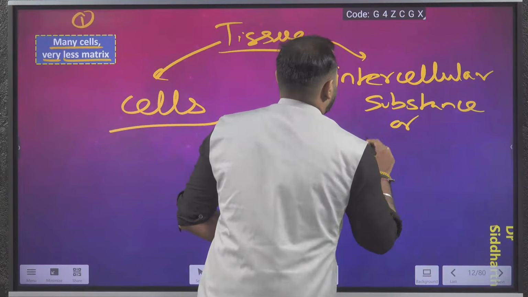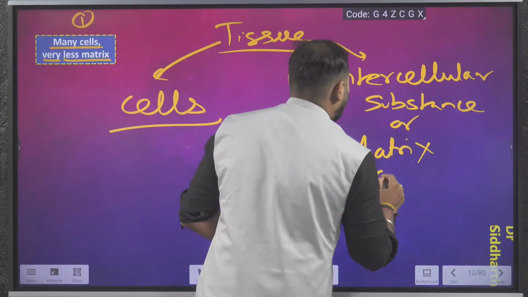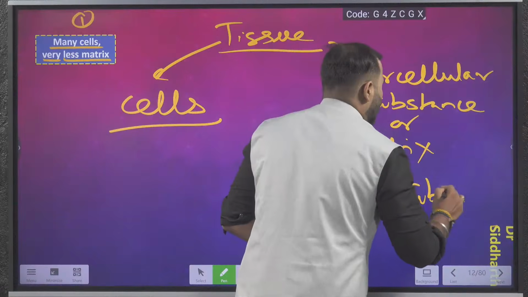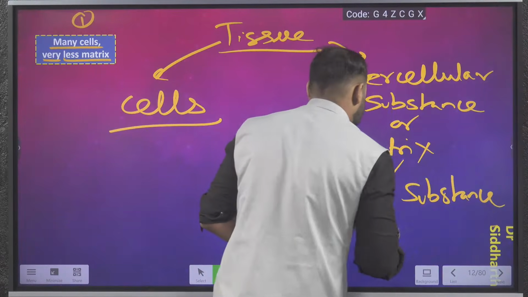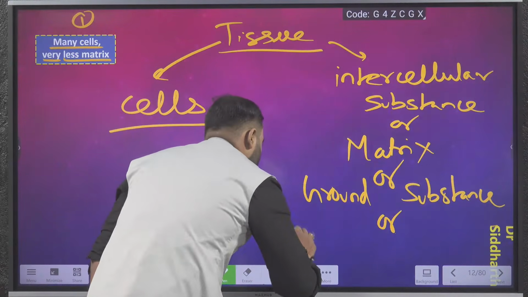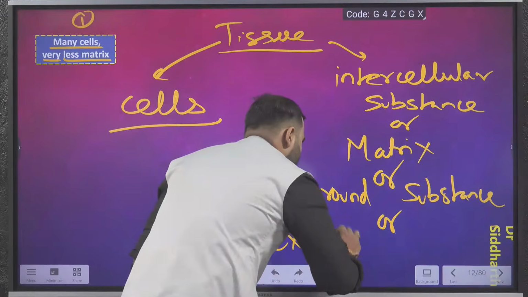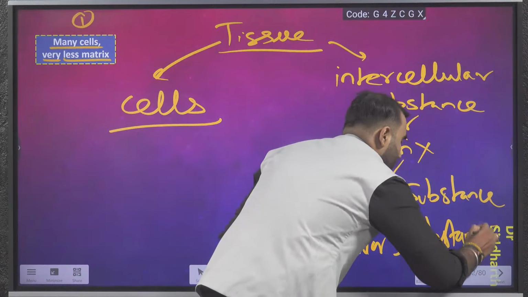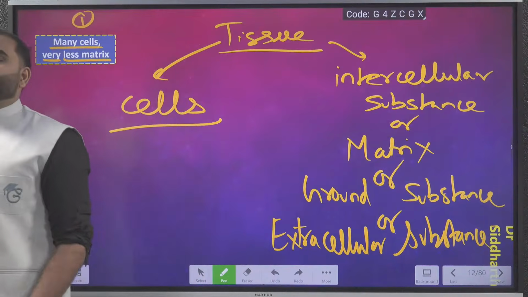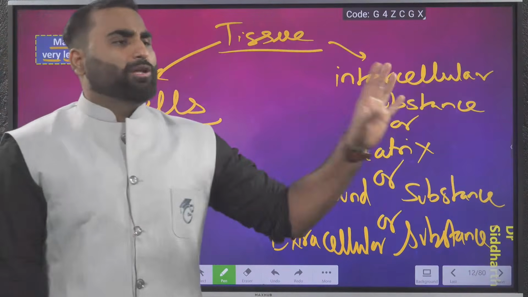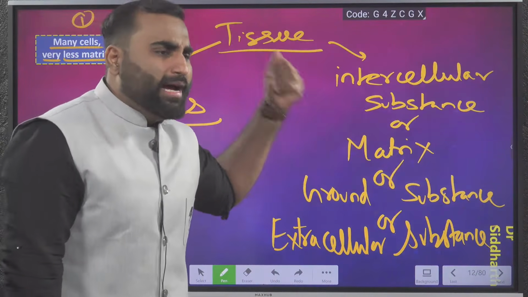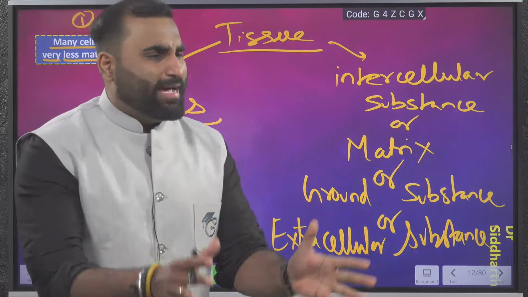Intercellular substance, or you call it matrix, or ground substance, or if you want to call it extracellular substance, no problem. They are all the same.